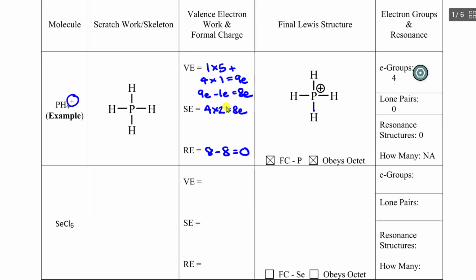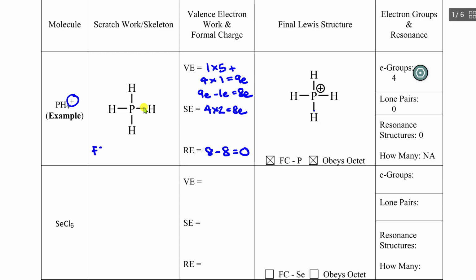Now, what's left is to calculate formal charge. This is actually just a reminder to say, did you calculate the formal charge on phosphorus? And once you do it, you can put an X in it or not. But we'll go ahead and do the formal charge of phosphorus.